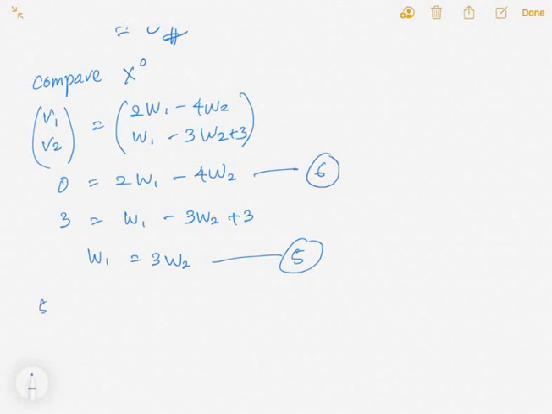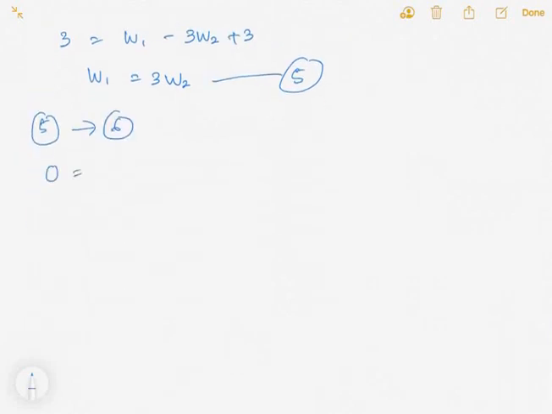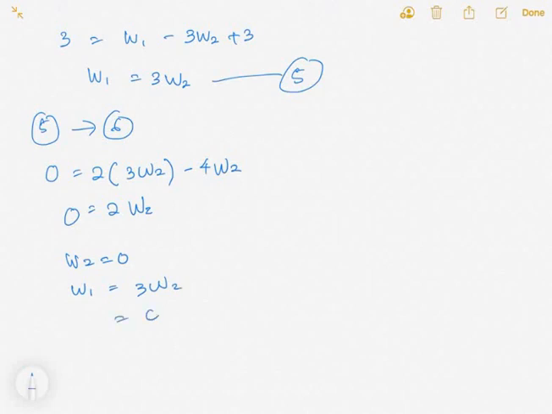Again, equation number 5 you insert into equation number 6. And then what do you get? So you have 6w2 minus 2 minus 4, you get positive 2. So when w2 equal to 0, w1 is equal to 3w2, which is also equal to 0.